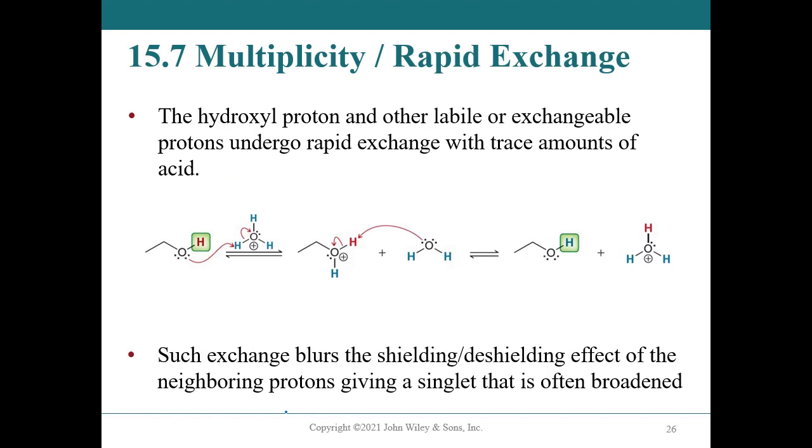And that is because of exchange. The hydrogen on the alcohol can dissociate off, and then a different hydrogen from another molecule. This is showing an acid. If you've got trace amounts of acid, and it doesn't take much, you could have nanomolar quantities, even just water, we can get this kind of exchange where the red hydrogen comes off and a blue hydrogen goes on.